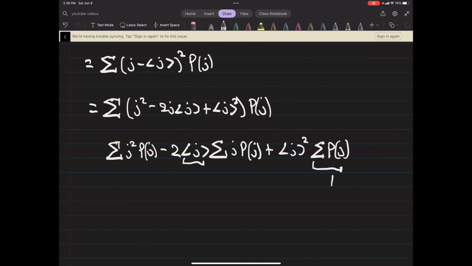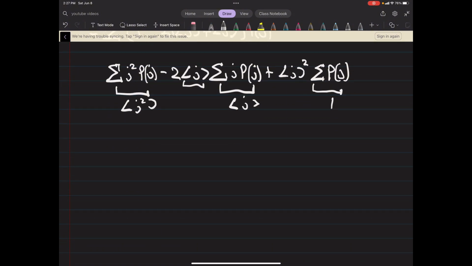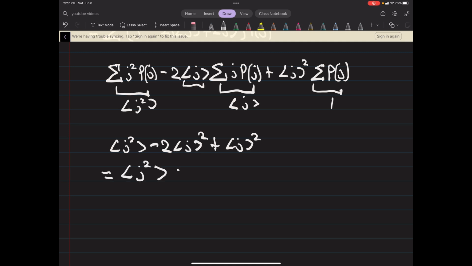Again, this is 1, right? And this is going to be just the expectation value of j, and this is the expectation value of j squared. So we get the expectation value of j squared minus 2 times the expectation value of j squared plus the expectation value of j squared, which is just the expectation value of j squared minus the expectation value of j all squared.